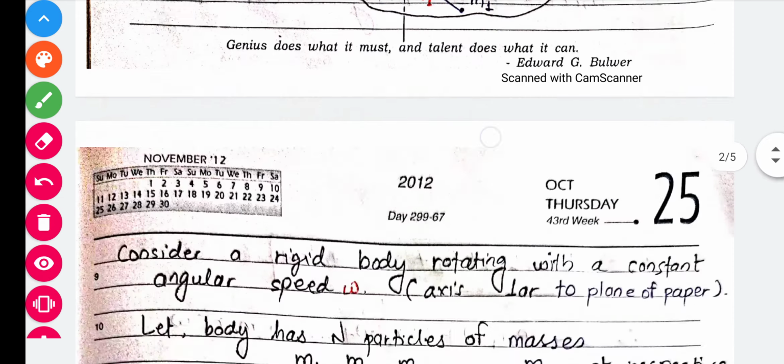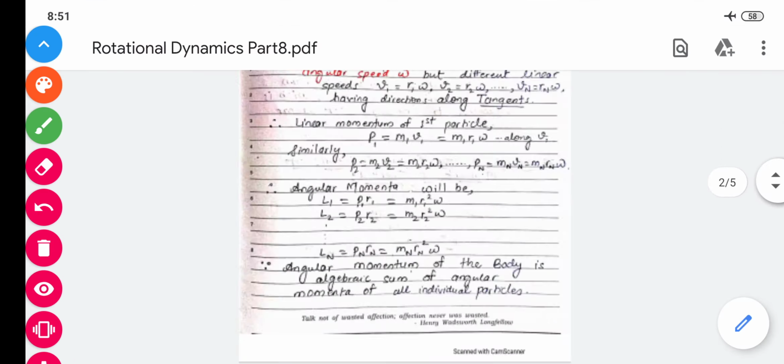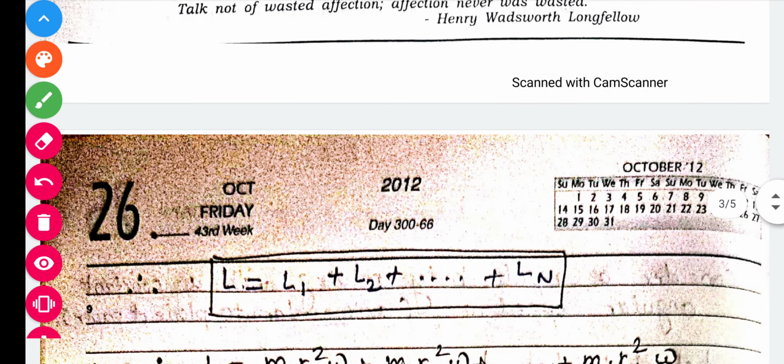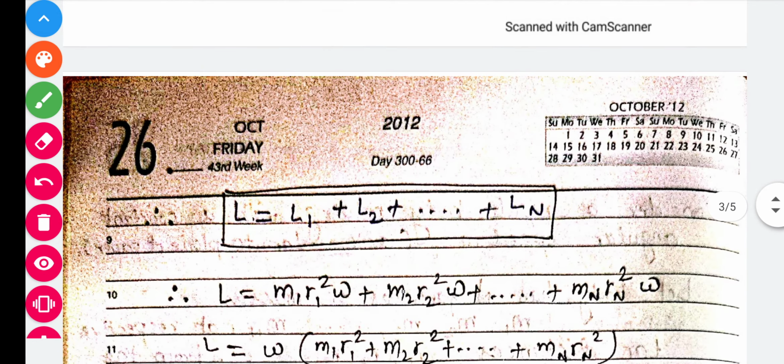So L, the angular momentum of the body, equals L1, the angular momentum of the first particle, plus L2, the angular momentum of the second particle, plus up to Ln, the angular momentum of the nth particle.